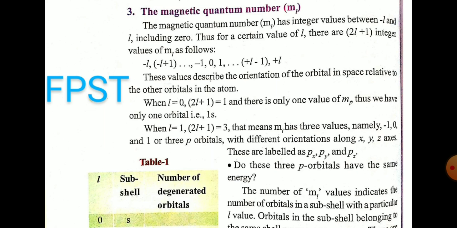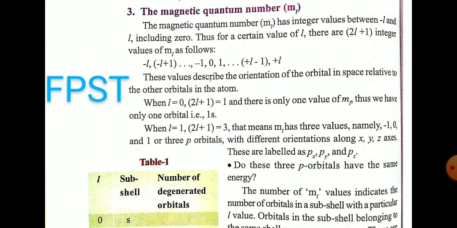The second quantum number, that is the angular momentum quantum number, tells us about the suborbit or subshell. The shape of the subshell is identified by the angular momentum quantum number.